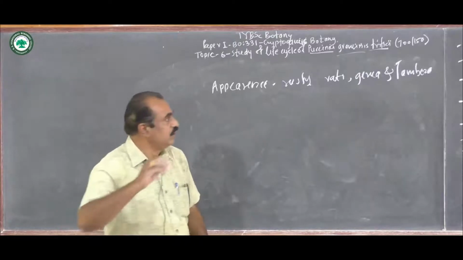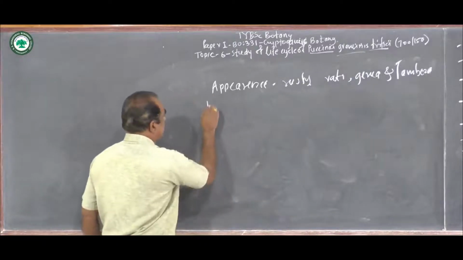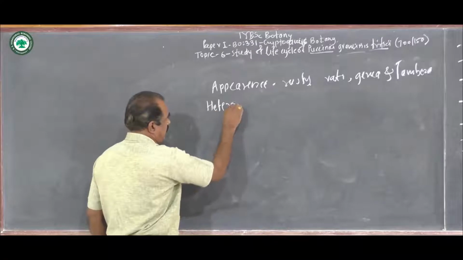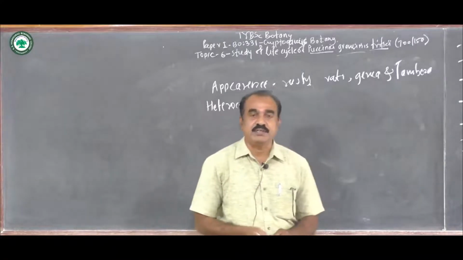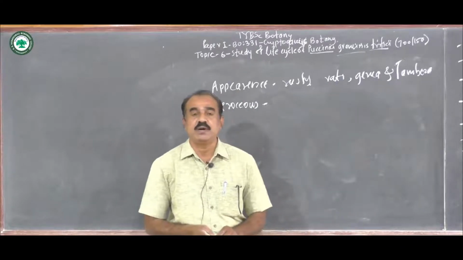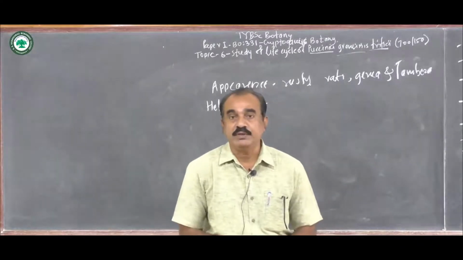Now next character, that is heteroecious. The species of Puccinia graminis tritici are heteroecious. That means they require two different types of hosts to complete the life cycle.